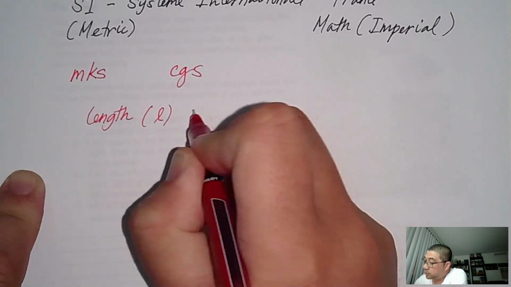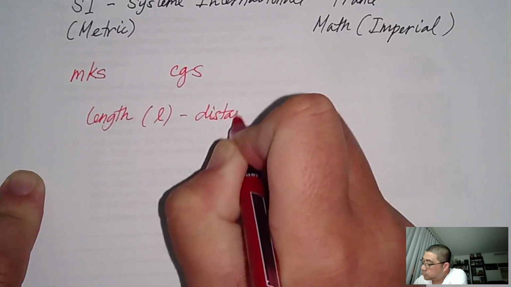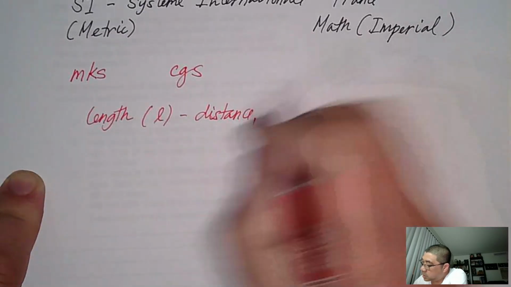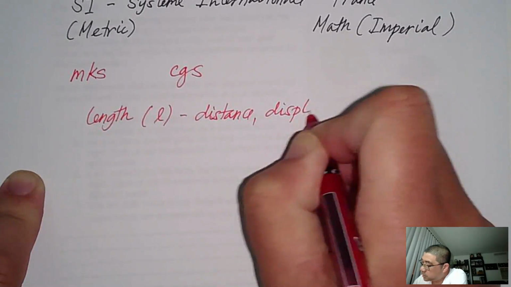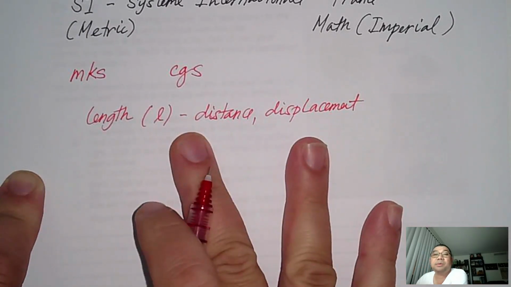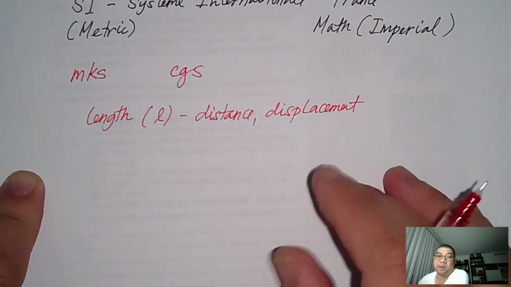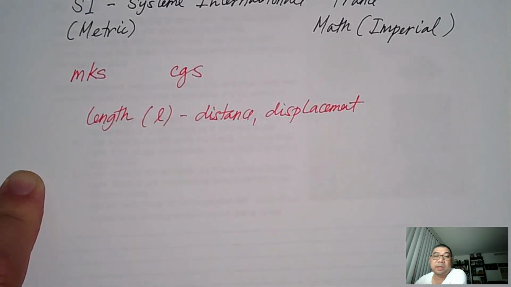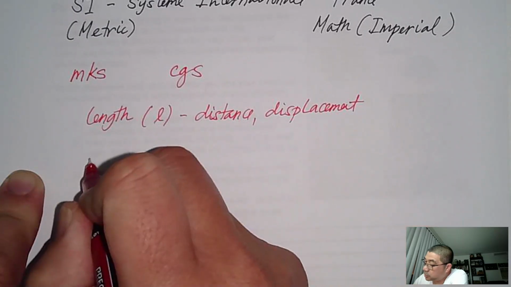Example of length is our distances. There's another one, displacement. These two are different, however, they are interchangeable. Okay, distance.